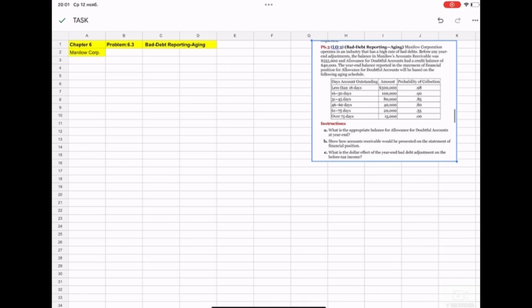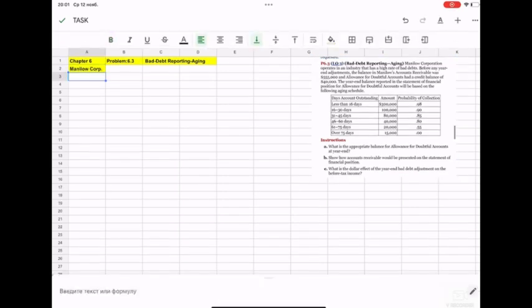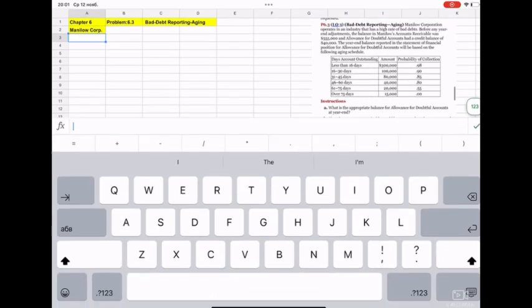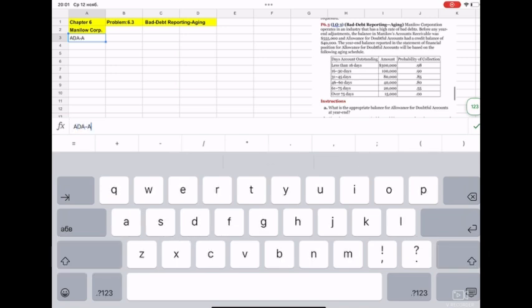I'm just writing down the information that we have. Here are the percentage of collectibility and amount.